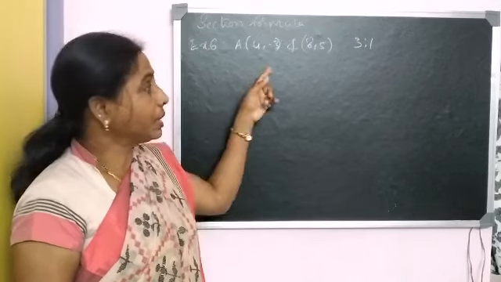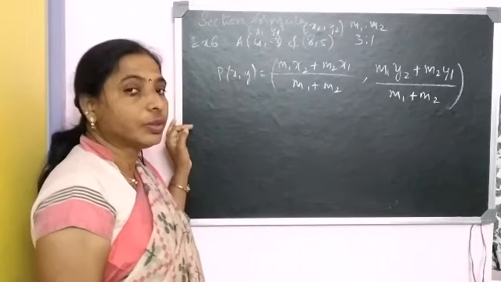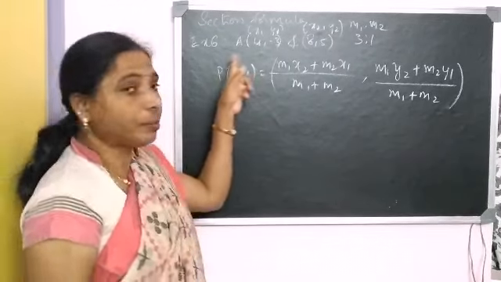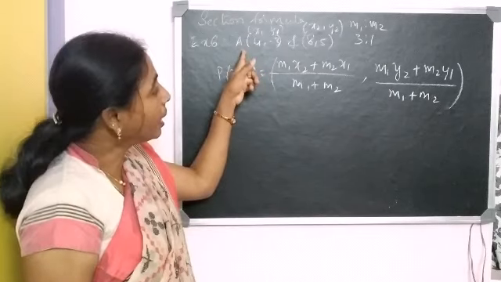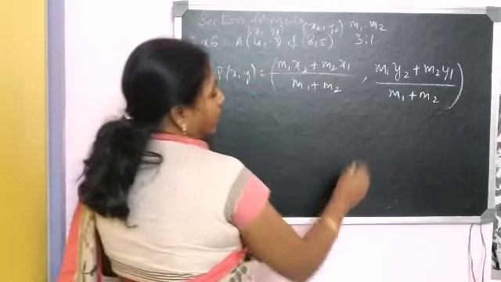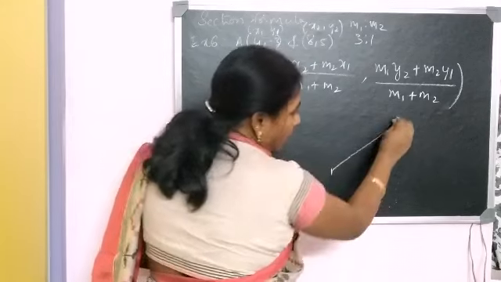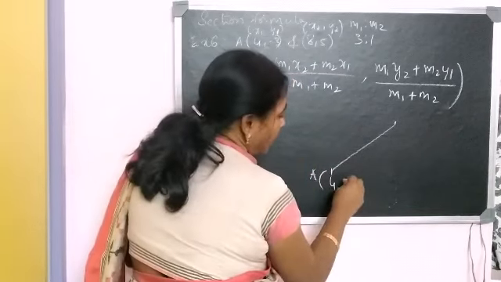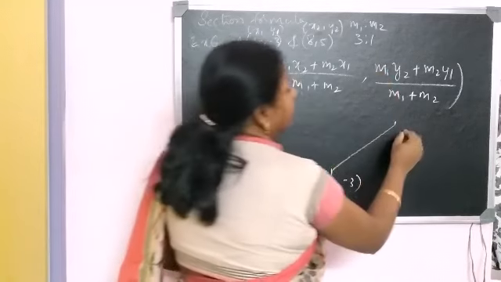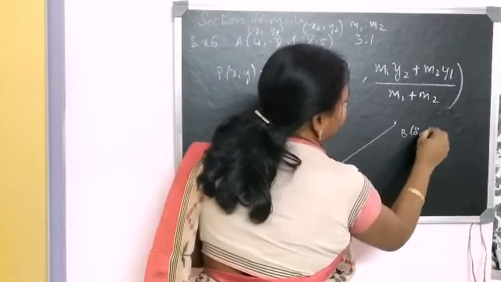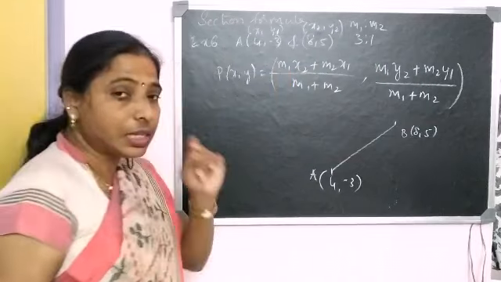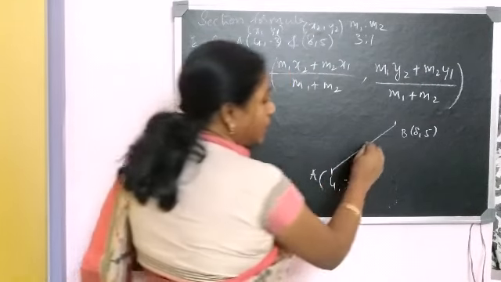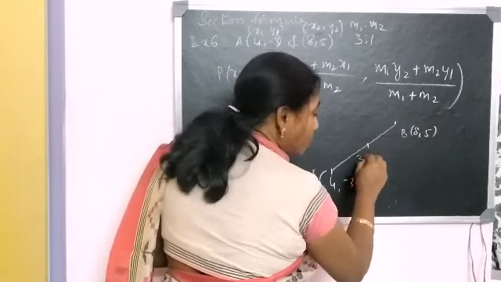In example 6, children, I have 2 points A and B on the line. A has coordinates 4, minus 3 and B is 8, 5. Now they are telling that there is one more point P, which is dividing it in the ratio 3:1.